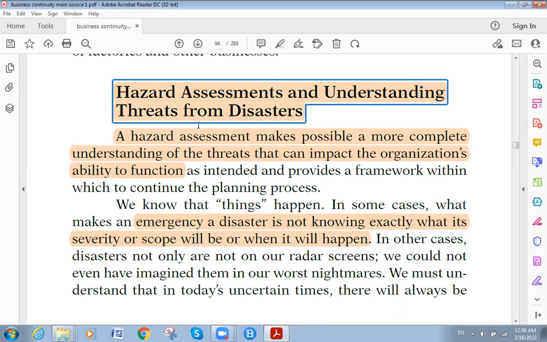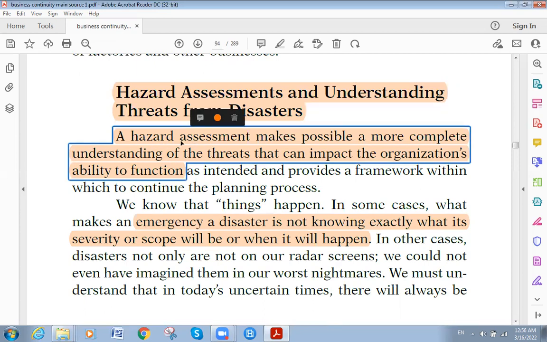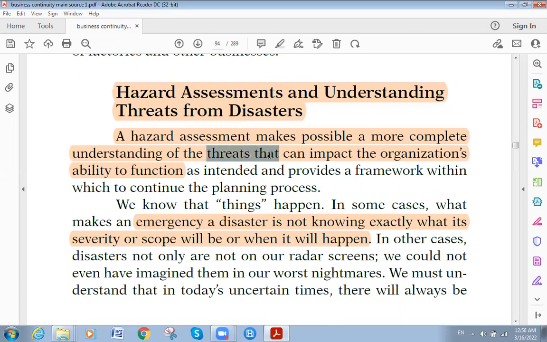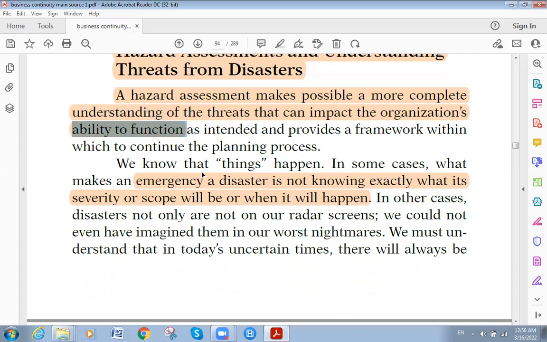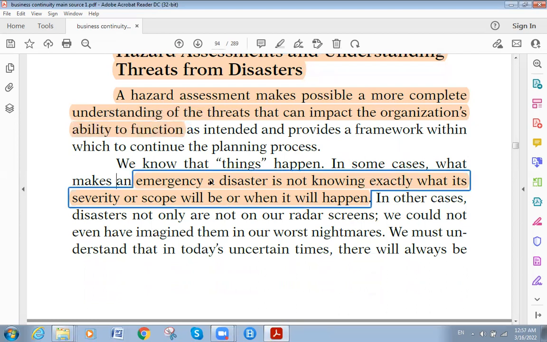So we have to do a real assessment, a good assessment, to make possible a more complete understanding of the threats that can impact the organization's ability to function as intended, and provide the framework within this organization. We know that things happen in some cases. What makes an emergency a disaster is not knowing exactly what the severity or scope will be or when it will happen.